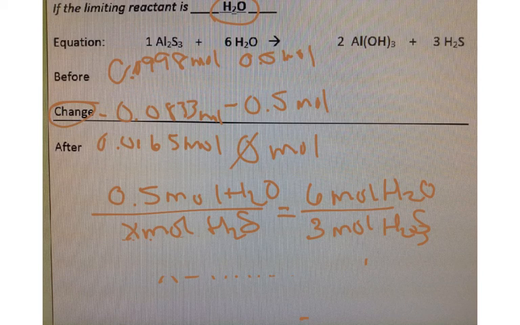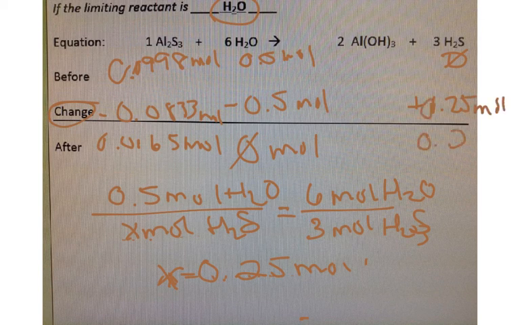So let me repeat, once you identify the limiting reactant, that is the only BCA chart you need to fill out. So when I cross multiply this, I get X equals 0.25 moles. So I'm going to have started with 0, and now I'm going to produce 0.25 moles, which means 0 plus 0.25 is I'm going to end up with 0.25 moles of H2S.